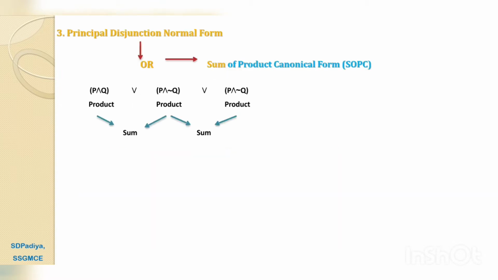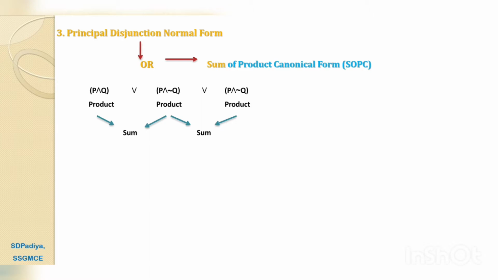Now here we are discussing the third type of normal form, that is principal disjunction normal form. We have seen that disjunction means or and or means sum. That's why principal disjunction normal form means the sum of product canonical form. Here we have one statement formula: P and Q, or P and not Q, or P and not Q. In this statement formula, there are three elementary product terms which are connected by sums.